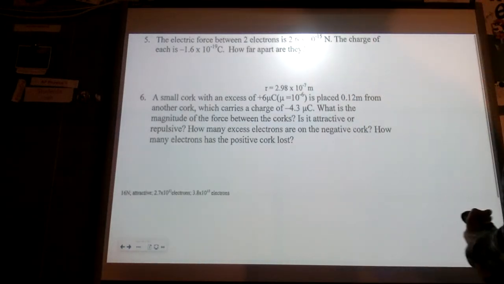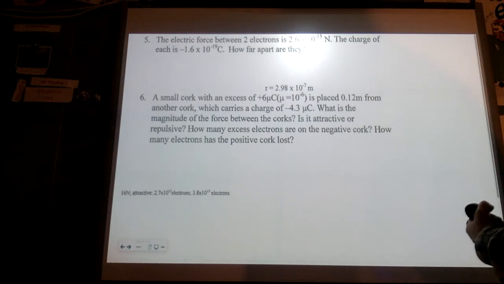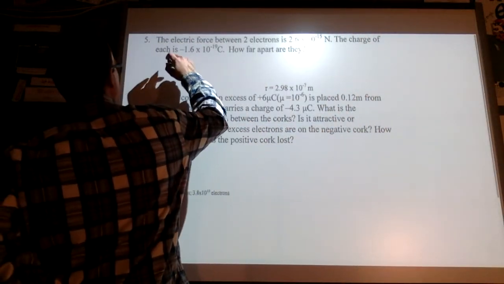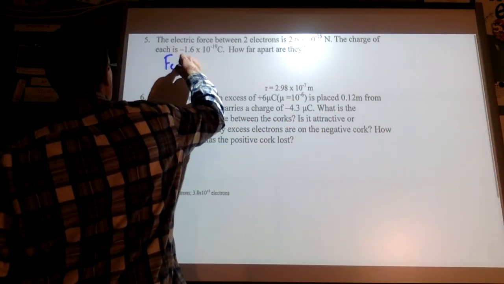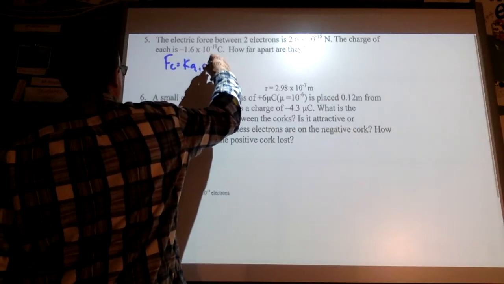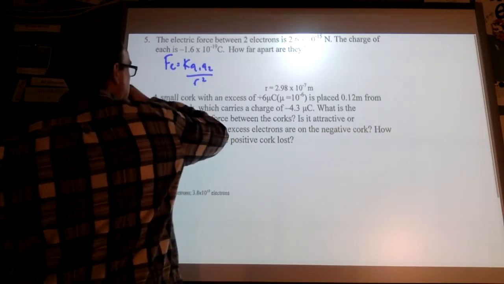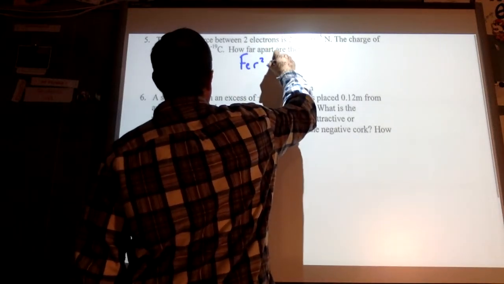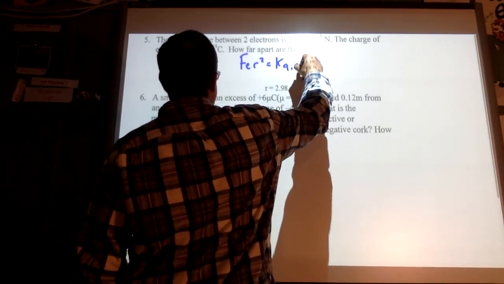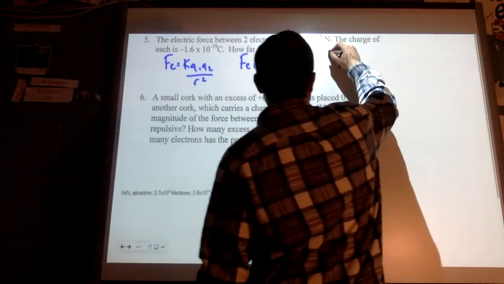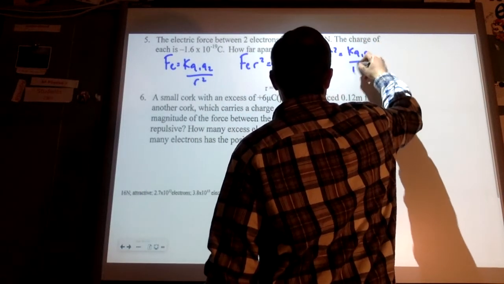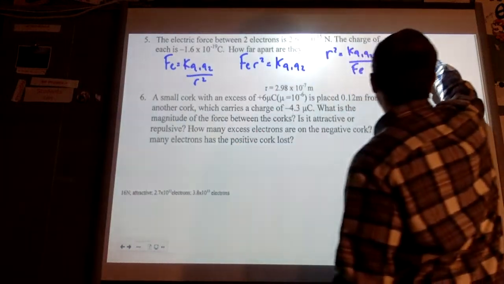The electric force between two electrons is 2.6 times 10 to the negative 15. How far apart are they? So again, I'm going to multiply both sides by r squared, divide both sides by F_E, and take the square root.